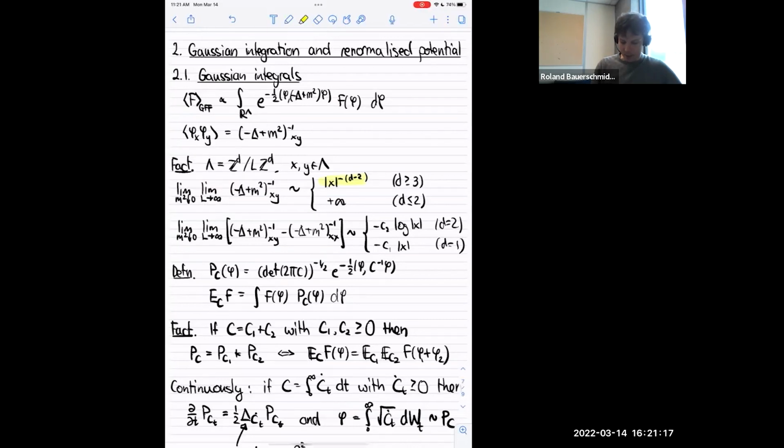And we're interested in studying perturbations of this. And it turns out that if you try to study, and I'll explain this concretely, so I think things will become clearer then, if you use this full Gaussian measure as a reference measure and look at perturbations of this, what you'll obtain is going to be extremely singular. You'll get divergent coefficients, et cetera. So these are the infamous divergences of quantum field theory.